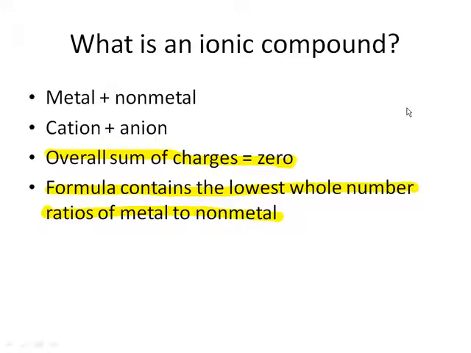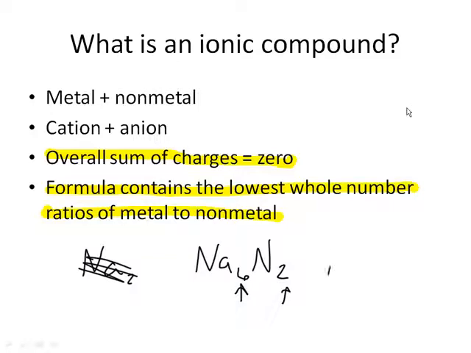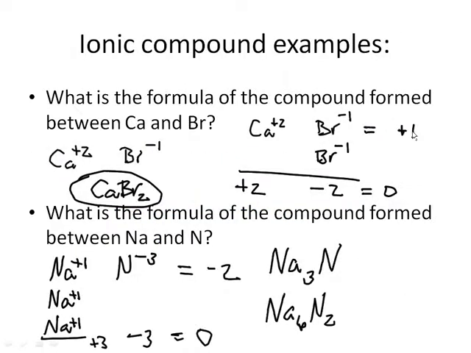Na6N2 does not have the lowest whole number ratios because I can divide 6 by 2 and I can divide 2 by 2. So my lowest whole number ratio is Na3N, which is my correct answer. Which is what we had here.